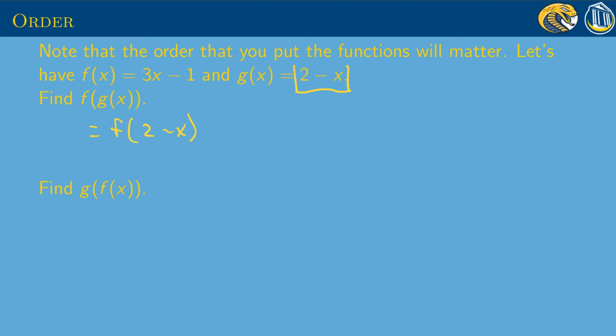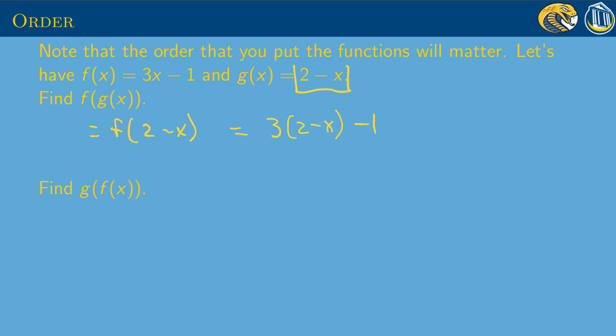Now we have to look at what f does. f of x is the function 3x minus 1. It takes an input x, triples it, and then subtracts 1. And so if we're doing f of 2 minus x, our input is now 2 minus x. So we're going to take our input, which is 2 minus x, we're going to triple it, and then subtract 1.